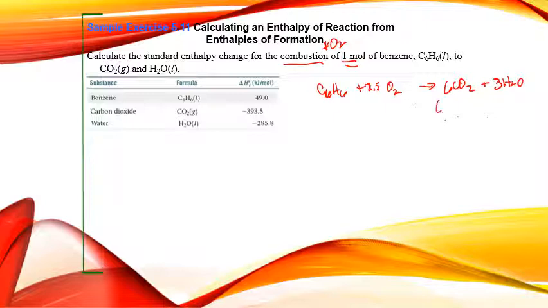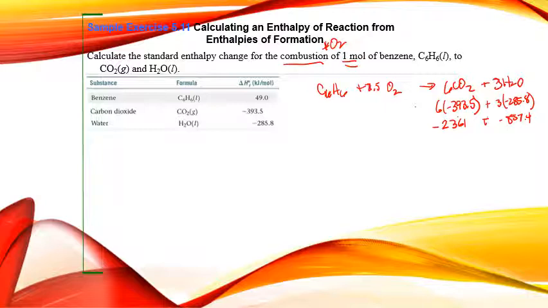So if I look here, I've got 6 times the negative 393.5. If we look at that, we would have negative 2361, and then I have that plus 3 times the negative 285.8, and that would represent, I believe, negative 857.4.